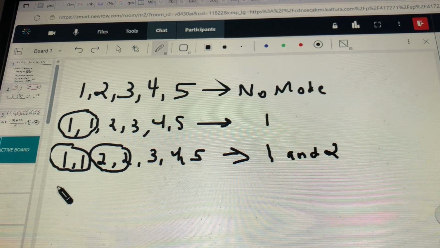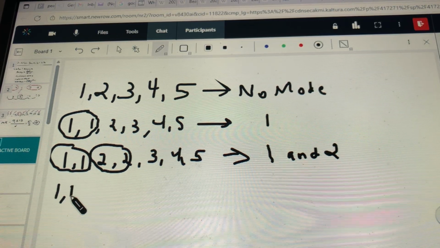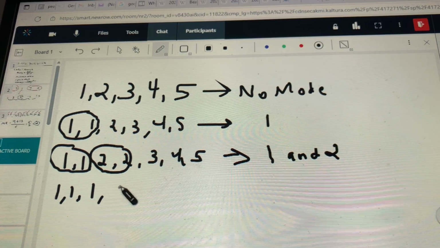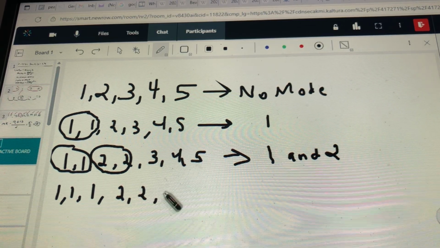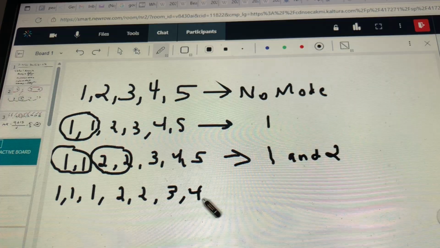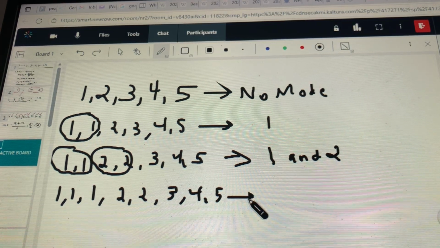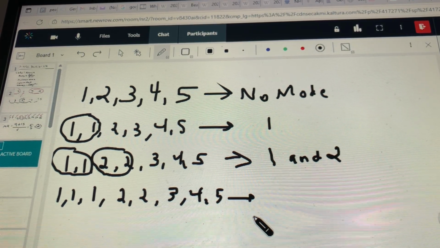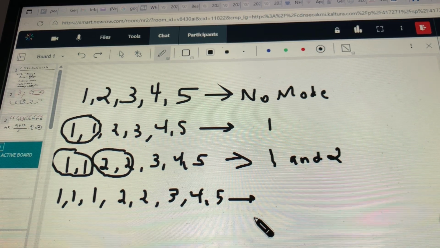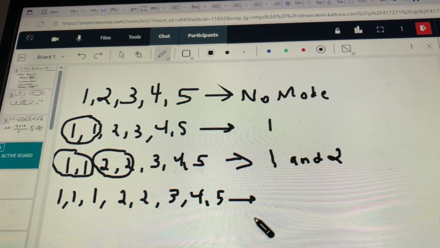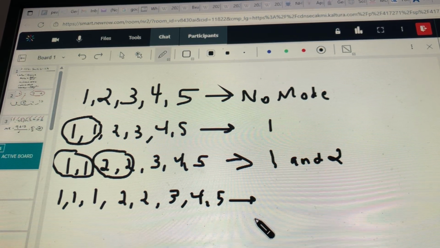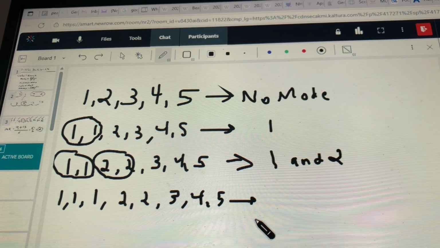Now here's the one that many students get wrong. Say there were 3 1s and only 2 2s, and then everything else happened once. So then students will doubt themselves and they'll wonder, is it only 1 or is it 1 and 2? There's a misconception that the mode is every number that repeats, and that's not necessarily true.